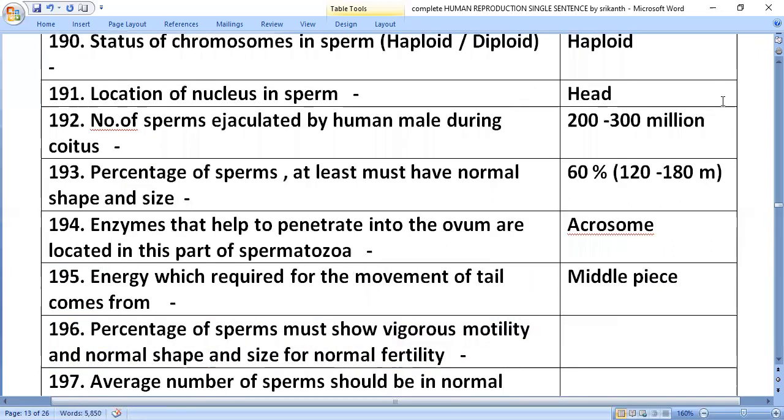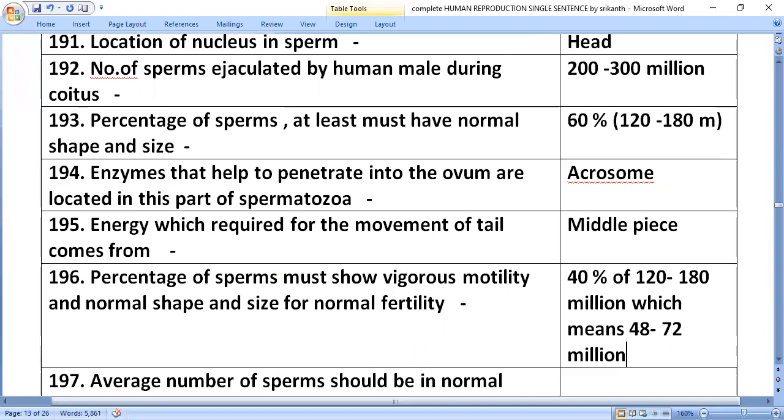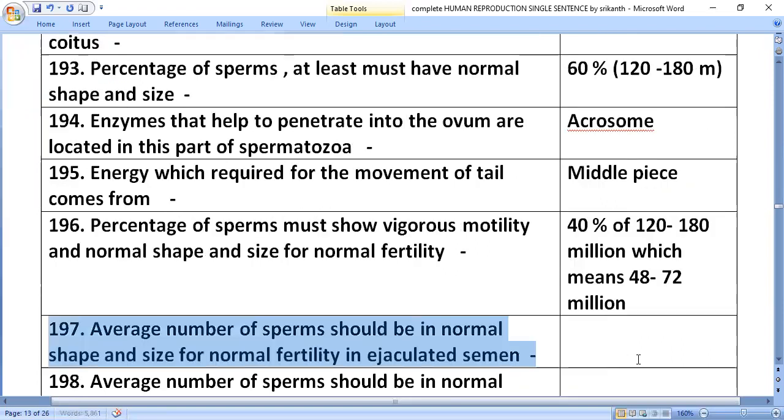Percentage of sperms must show vigorous motility and normal shape and size for normal fertility. That is 40%, 40% of 120 to 180 million, which means 48 to 72 million sperm should have vigorous motility and normal shape.